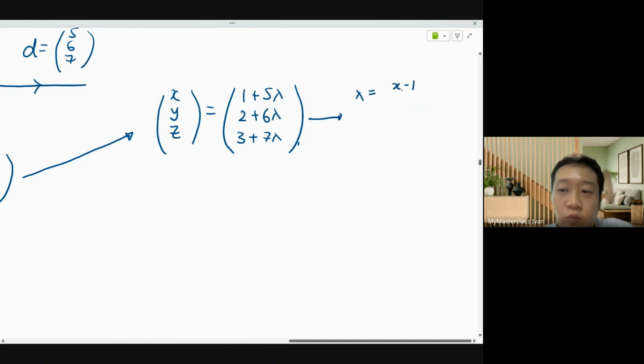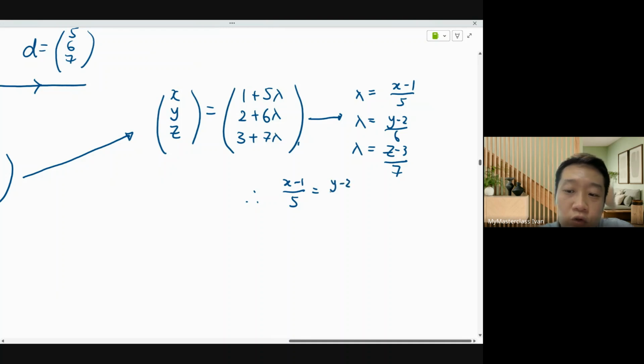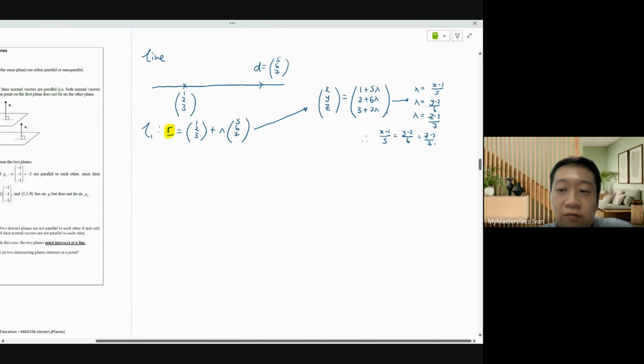So this is (x minus 1) over 5 equals (y minus 2) over 6 equals (z minus 3) over 7. So that is the conversion of vector form to Cartesian equation form and vice versa.